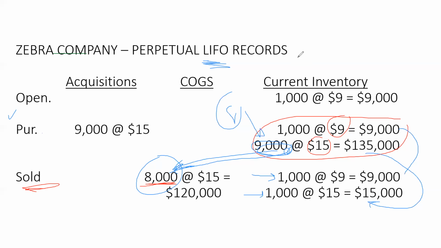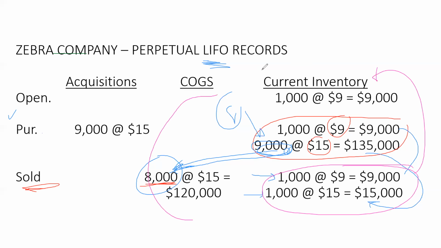That is these after we take away the 8,000. So if the question on a test were to say, what's your ending inventory? Remember, the ending inventory is always this bottom cell under the current inventory. That's your ending inventory. If you had a question that said, what is cost of goods sold? The entire column here is cost of goods sold.